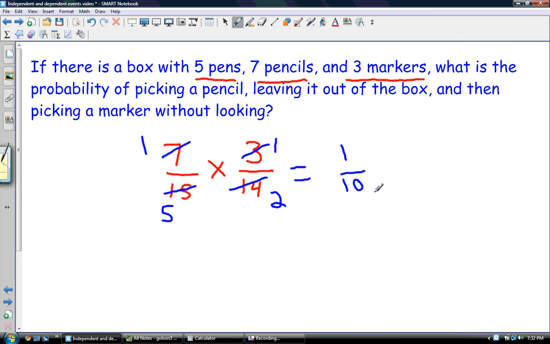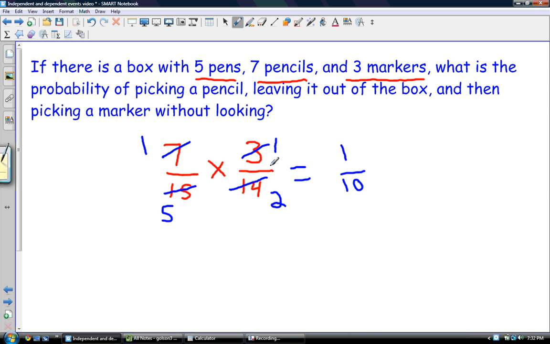It's the same idea both times. Find the first probability, find the second probability, and multiply them. What you need to be careful about, especially with dependent events, is what the new numerator and the new denominator are going to be. You always assume that the first event does happen. So if I had asked, what's the probability of picking 2 pencils, the first time would have been 7 out of 15.